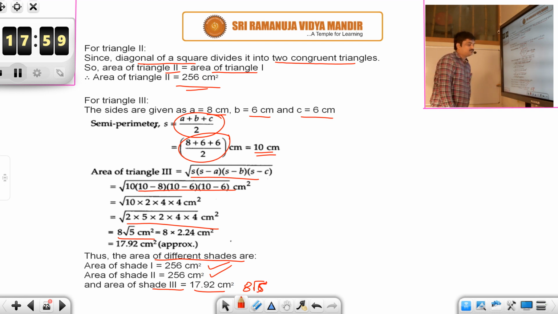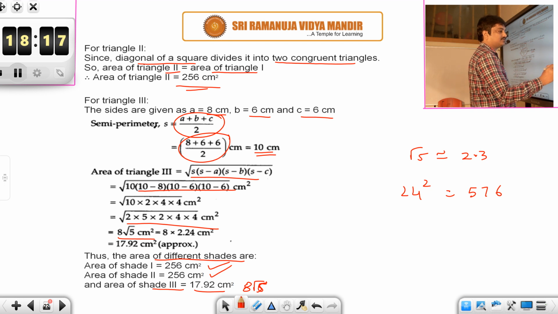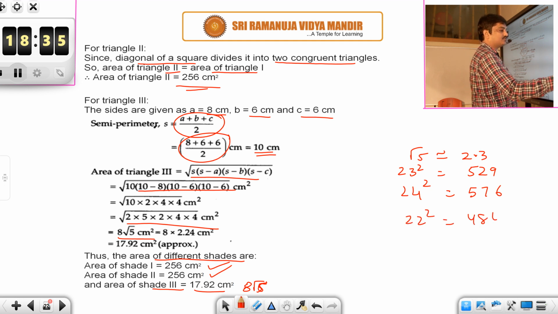Leave this as 8 root 5, or else you could remember that root 5 is approximately 2.3 something, because we know that 24 square is 576 and 23 square is 469. Sorry, what is 23 square? 529, and 22 square is 484.